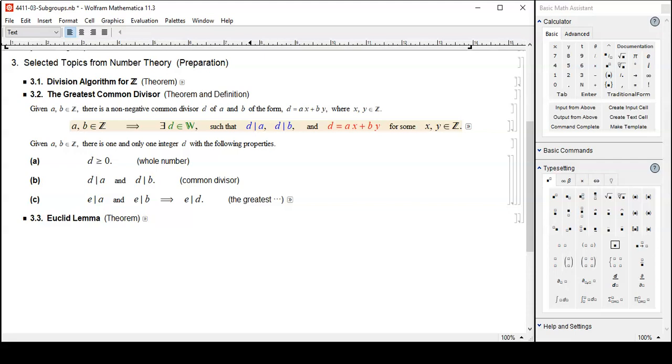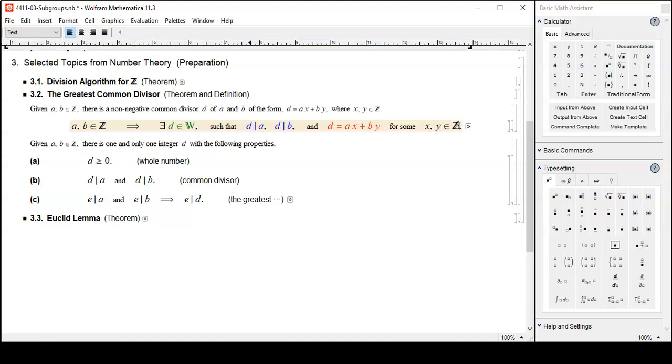Look at this carefully. The conclusion consists of three parts: green, blue, and red. A whole number, or non-negative integer, that's green. Common divisor, d divides a and d divides b, that's blue. And finally, the linear combination, these ax plus by form, red.